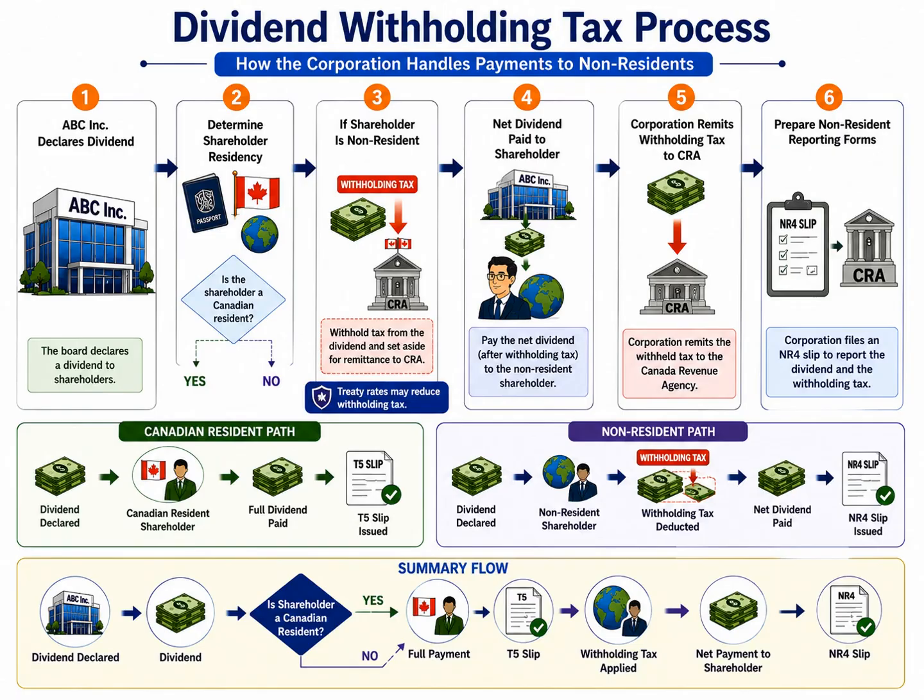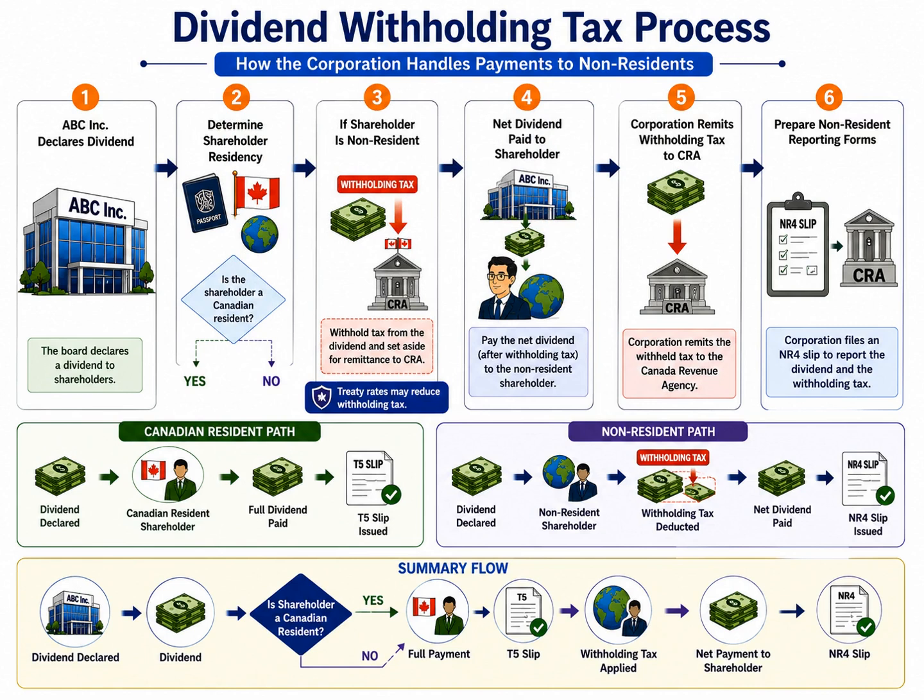When a corporation pays dividends to a non-resident shareholder, it has additional tax responsibilities that do not apply when paying dividends to Canadian residents. Instead of simply paying the full dividend, the corporation must first determine the shareholder's residency, because that decision affects every step that follows. The process begins just like any other dividend payment.